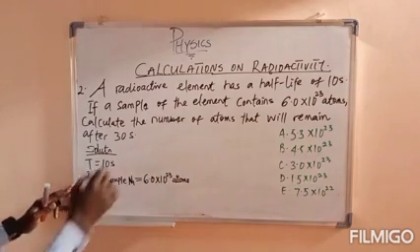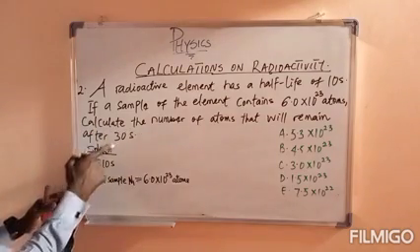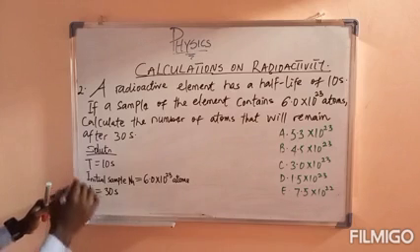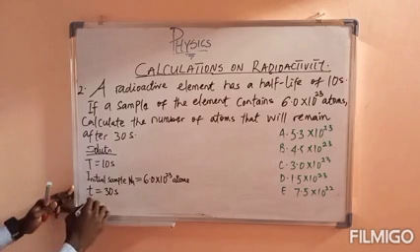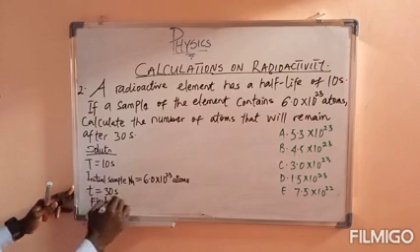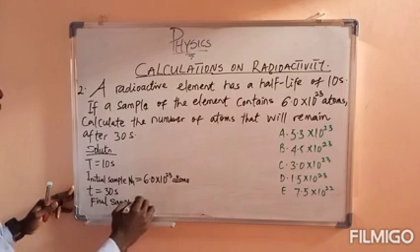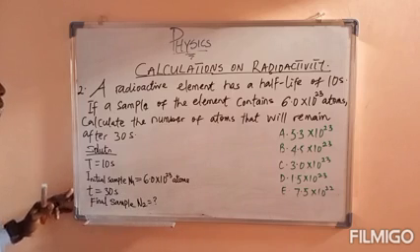And it says calculate the number of atoms that will remain after 30 seconds. So t, the time of decay, is 30 seconds. So I'm looking for the final sample, which is N2, the final sample of the element after 30 seconds. N2 is what I'm looking for, question mark.